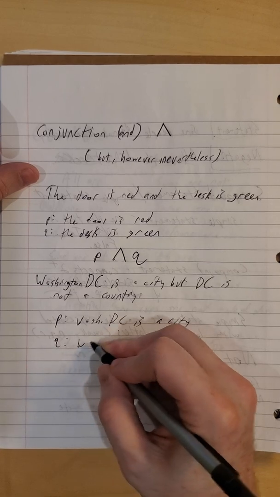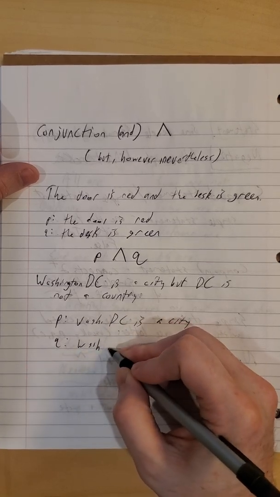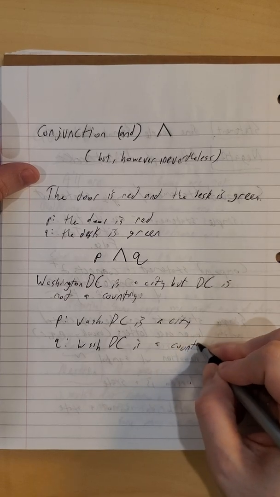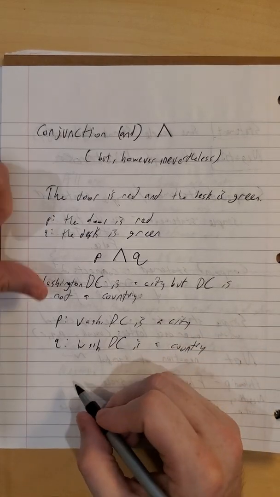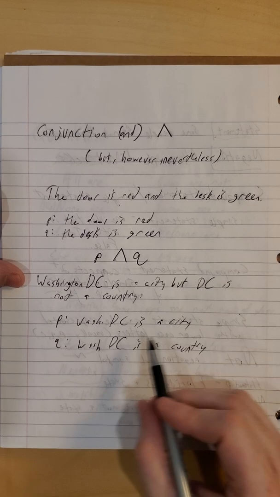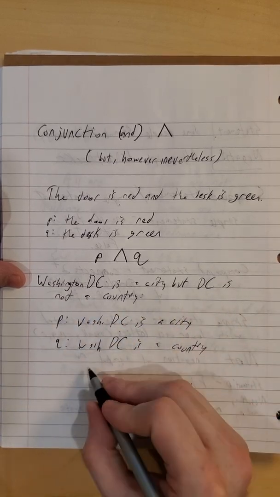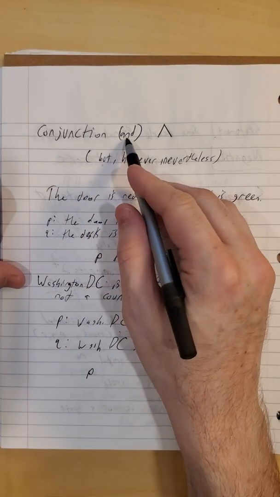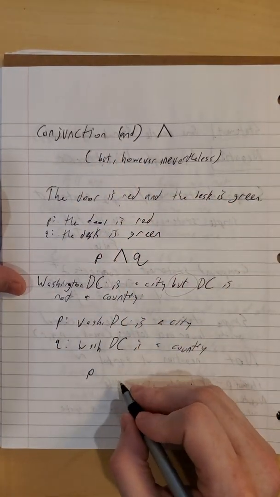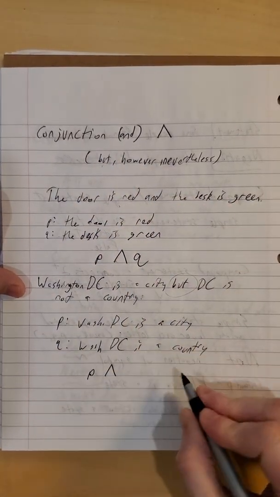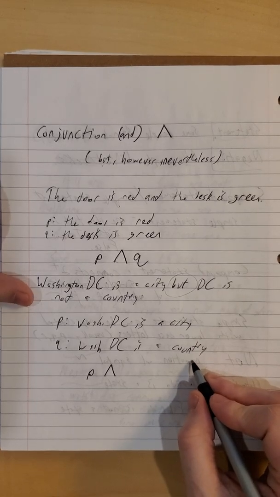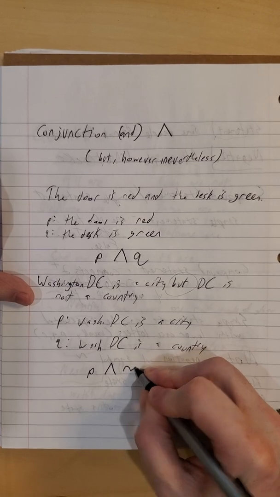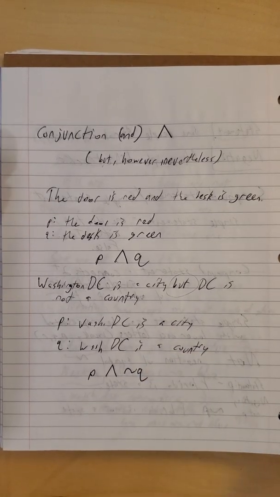Statement Q, Washington, D.C. is a country. So our combined statement here, Washington, D.C. is a city. But remember, that was one of our possible uses of the and symbol. Washington, D.C. is not a country. So if Q says it is, not Q says it is not.